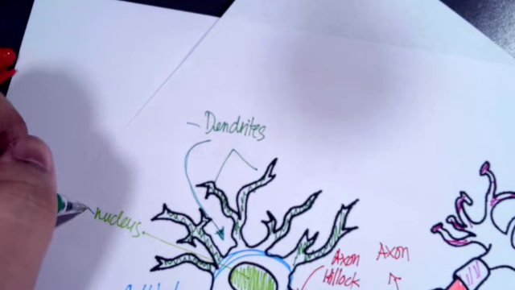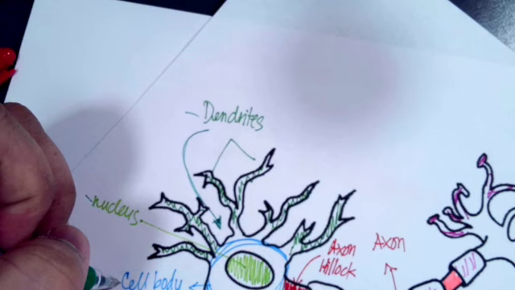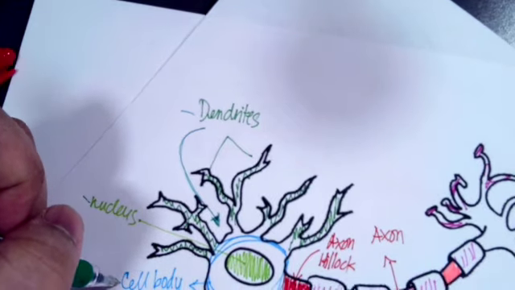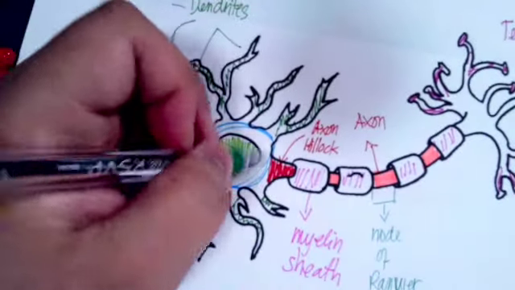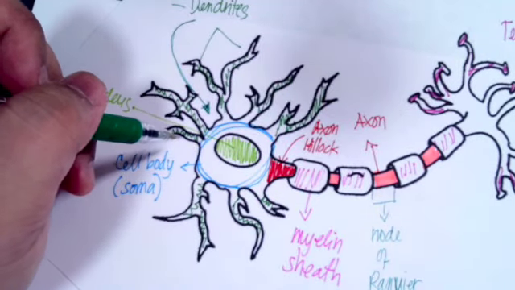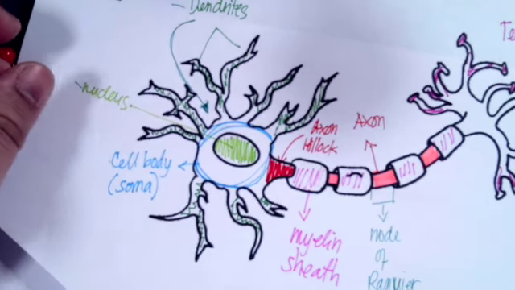And then the cell body. The cell body is the location where all the metabolic functions of the neuron take place.